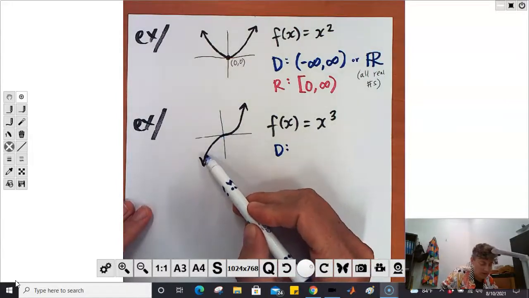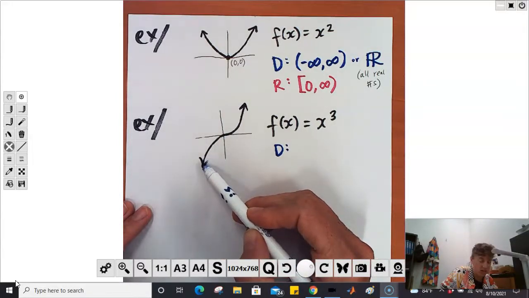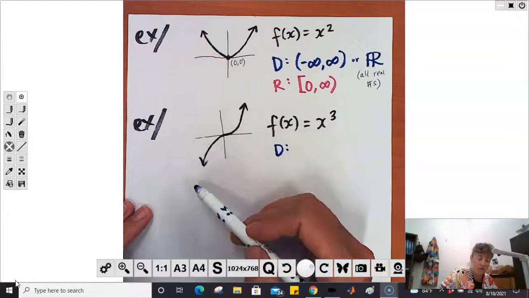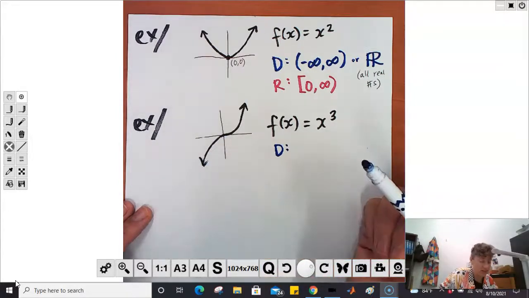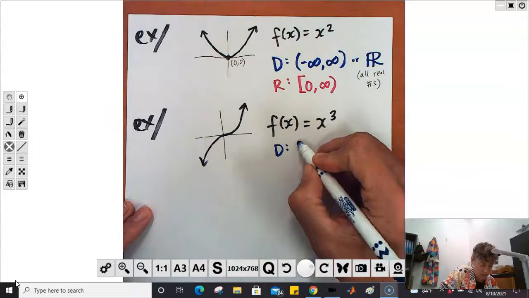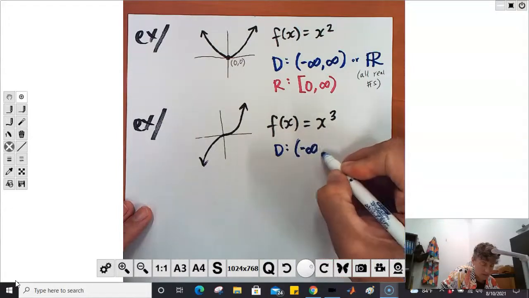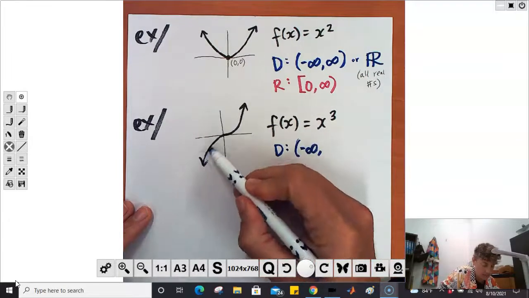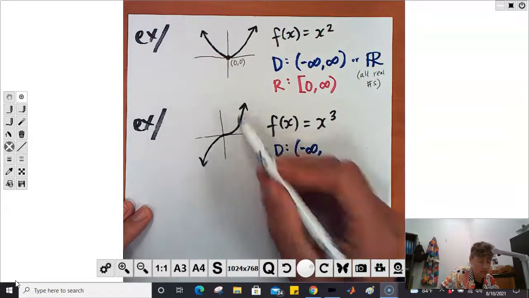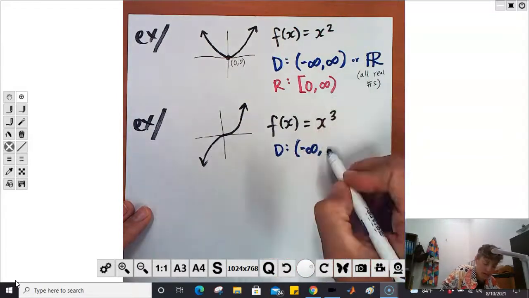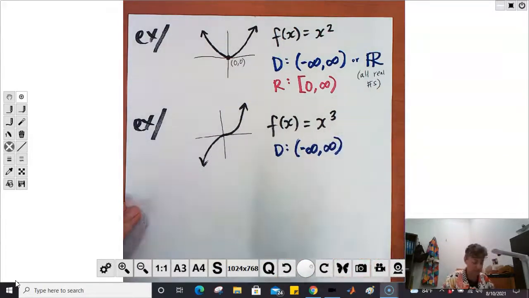Well, this arrow says we're going to keep going down and to the left forever. Forever in the left direction means negative infinity for the domain. So we're going to go from negative infinity to, in the right direction, we keep going up and to the right forever. So this is going to go to positive infinity.